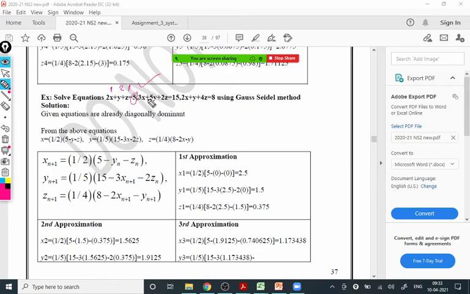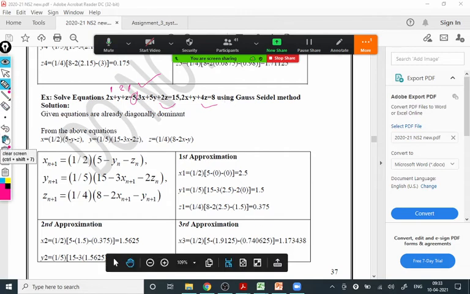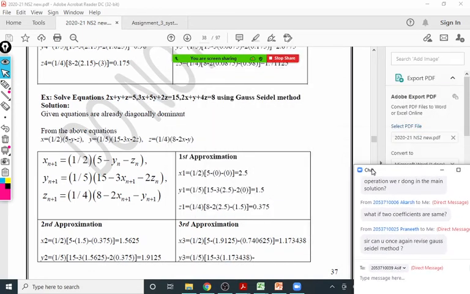It is satisfied. Then 3 plus 10 plus 2, that is 15. That is satisfied. Then 2 plus 2 plus 4, that is 8. That is satisfied. So you will observe Gauss-Seidel gives us a correct answer because it is a faster convergent method. It is using the latest available value. So these are the things in the Gauss-Seidel method.